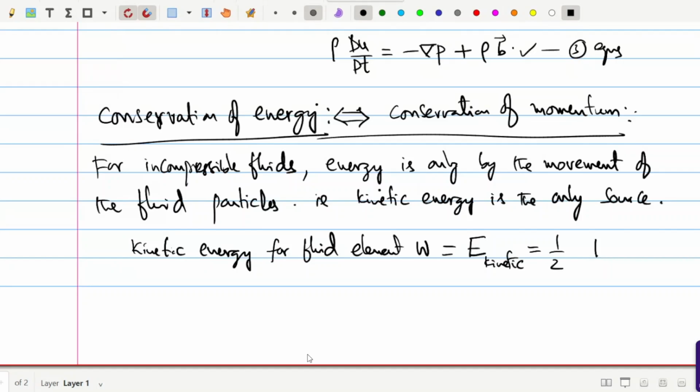So v is your velocity vector u. This is like a modulus: the square root of u square plus v square plus w square. That is what it means.